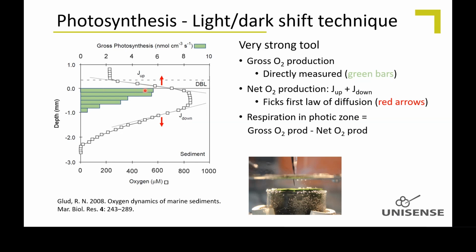I would normally plot the bar graph so that the depth center is where the tip of the sensor was. And then I would multiply the gross photosynthetic rate, in nanomoles per cubic centimeter per second, with the thickness of the layer, and then correct it to per square meter and per hour, and then sum up these 6 bars.